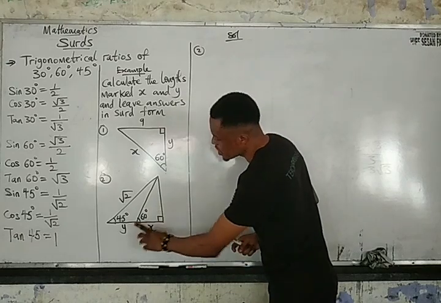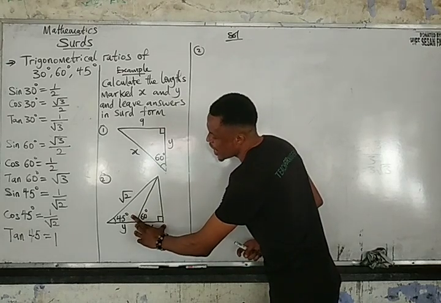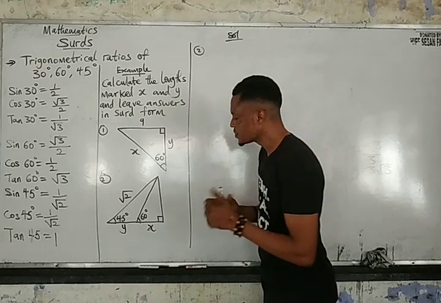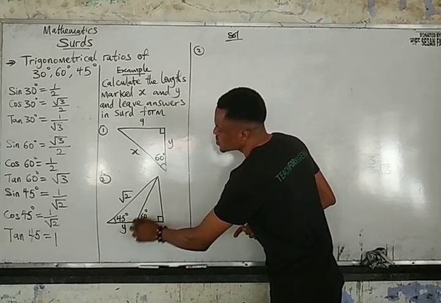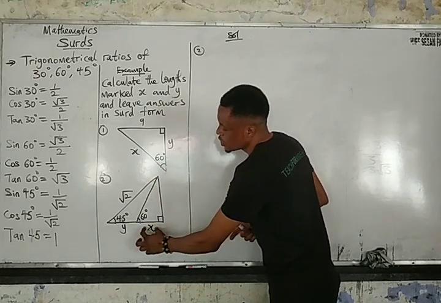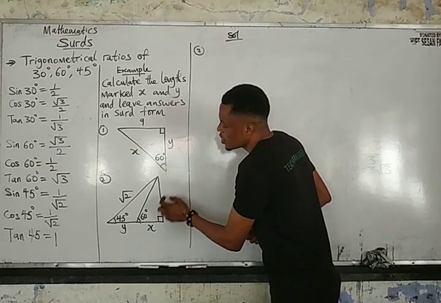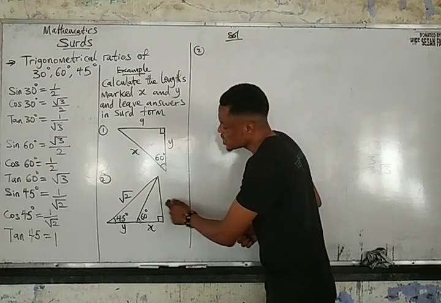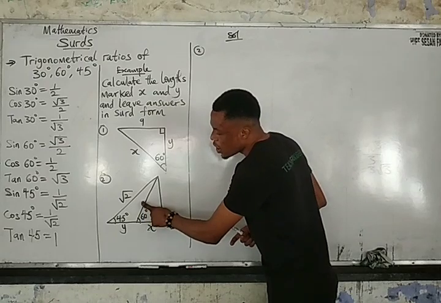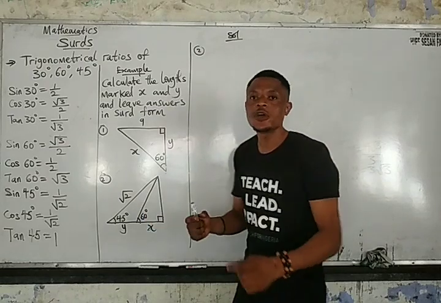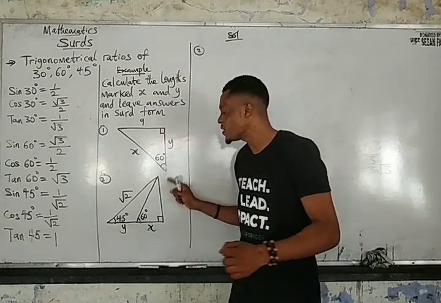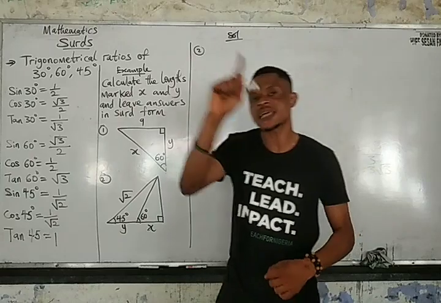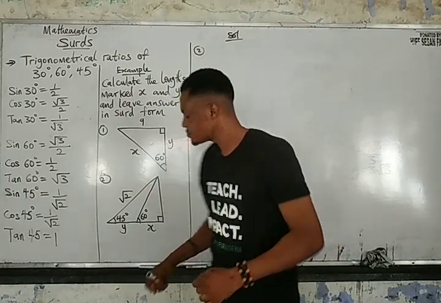So the second one, when you take a look at this, there is no way we can find our x directly, because by the time we bring out this right angle triangle, you only have this side, which is the opposite, and will not have any value for hypotenuse. For you to solve any side of the right angle triangle, at least a side must be given.